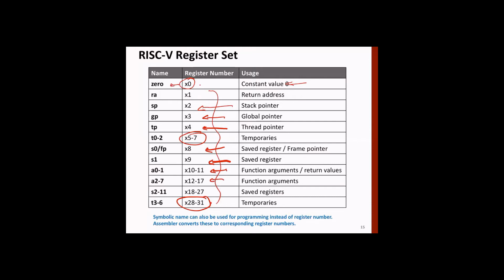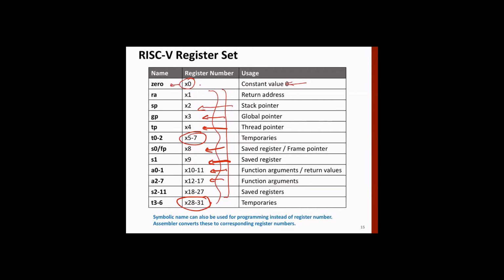We will study all this later. However, all of X1 to X31 can also be used for general purpose computation. In certain instances, these registers play a very specific role. We'll look at these later.